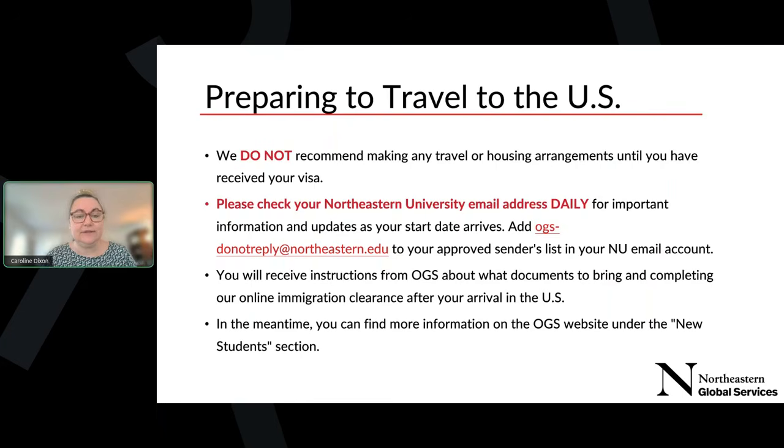You will receive instructions from OGS about what documents to bring and completing your online immigration clearance after your arrival in the US. In the meantime, you can find more information on the OGS website under the new student section, like Chelsea showed you before.